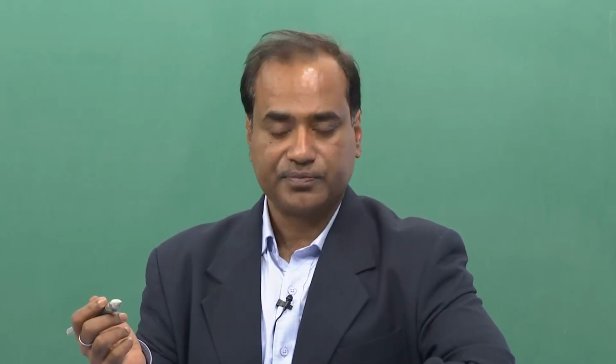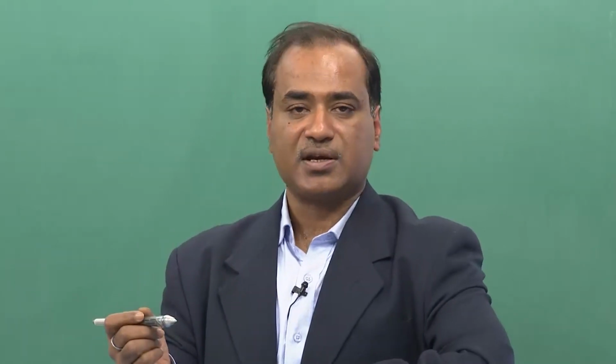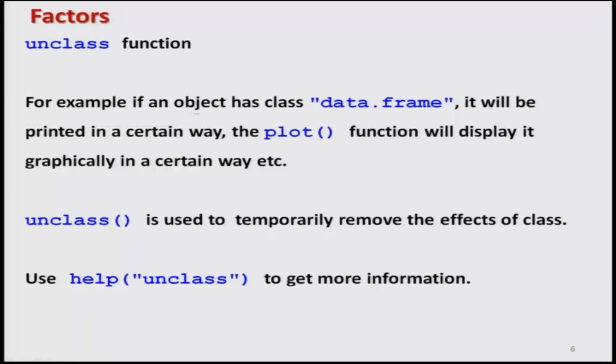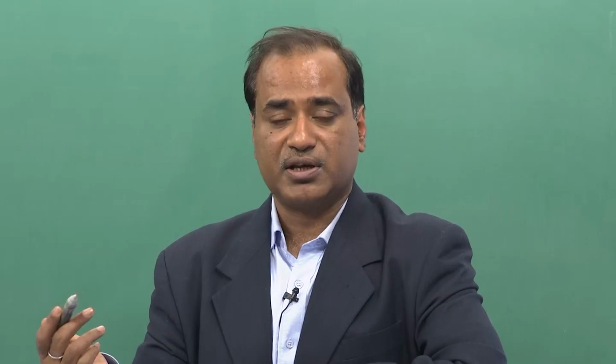For example, in case the data or the object has a different class, data frame, then if I want to print a data frame, we have certain specific commands. And if this object has a different class, say character, we will see later on that in order to print the string of characters, we have different types of commands.